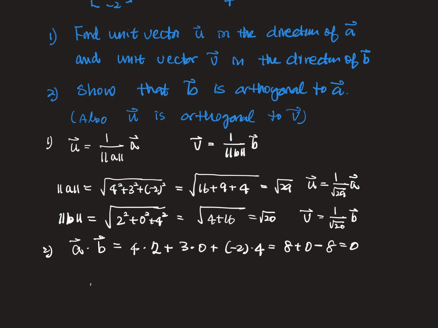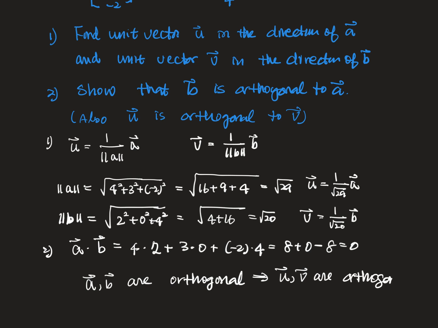So the A vector and B vector are orthogonal. Then obviously the unit vectors u and v are orthogonal too, because they are in the same directions as the A vector and B vector.